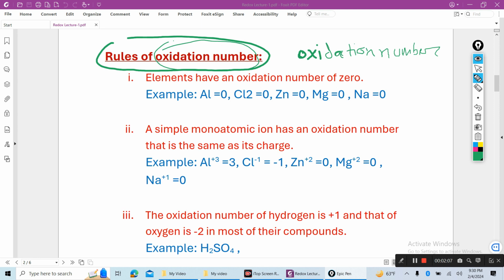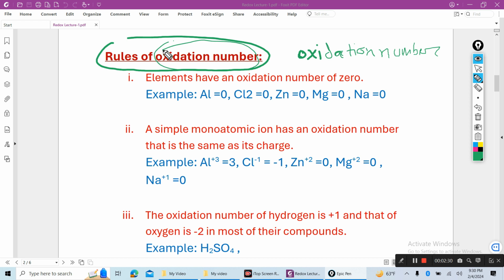What is oxidation number? The number of electrons that an atom loses or gains, that number is known as oxidation number.